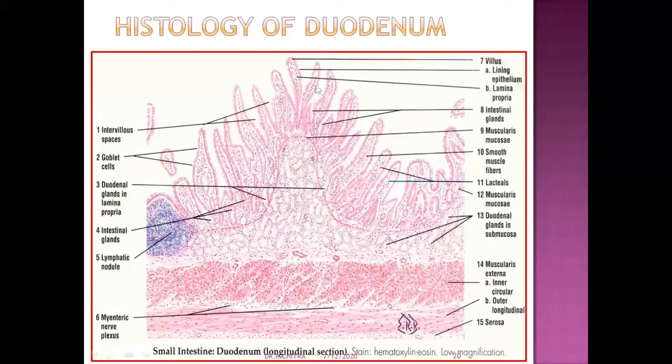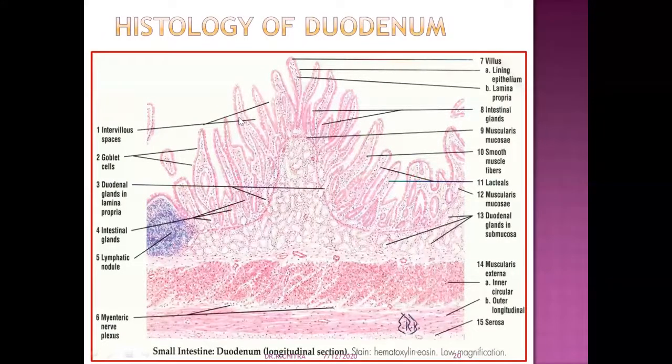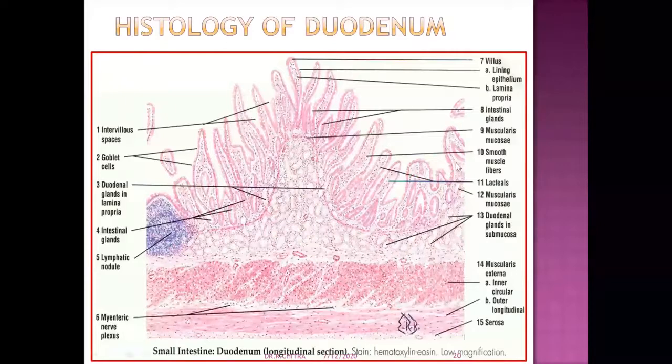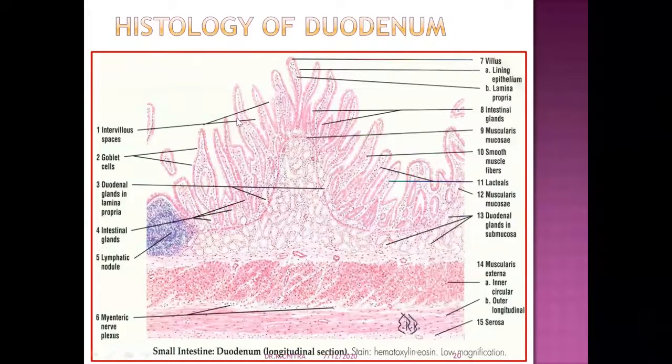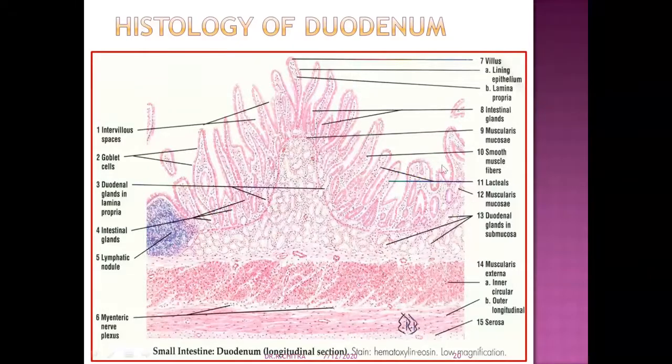So the villi here will be different, and the number of villi decreases from the duodenum to the ileum. So they are more prominent and increased in number mainly in the duodenum. You can appreciate in this. So one is this abundant villi. Two is this submucosal glands or Brunner's glands. So these are the typical features of the duodenum.